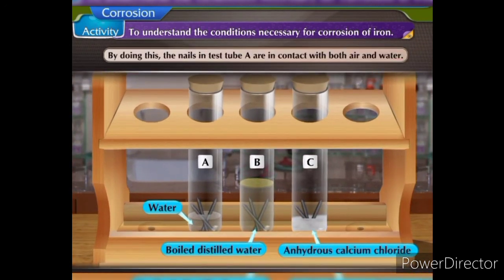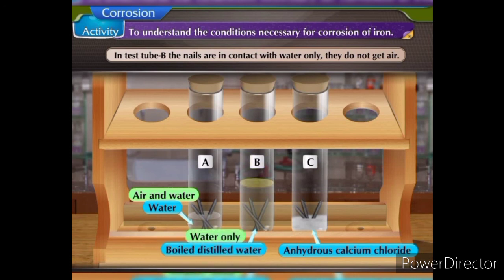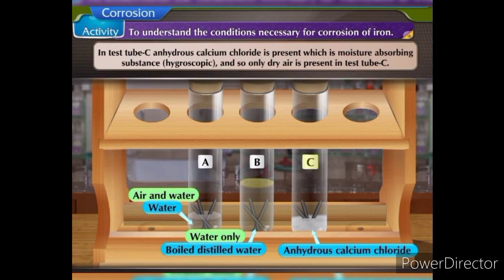By doing this, the nails in test tube A are in contact with both air and water. In test tube B, the nails are in contact with water only. They do not get air. In test tube C, anhydrous calcium chloride is present, which is a moisture-absorbing substance, and so only dry air is present in test tube C.